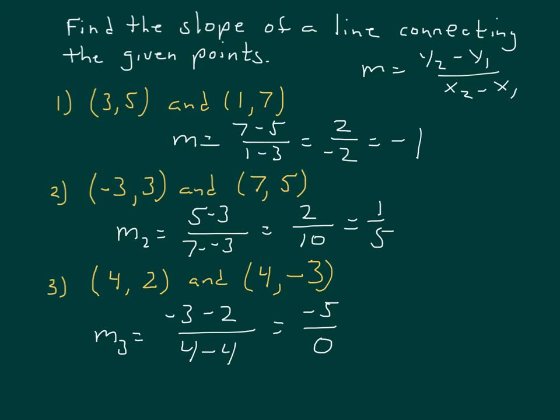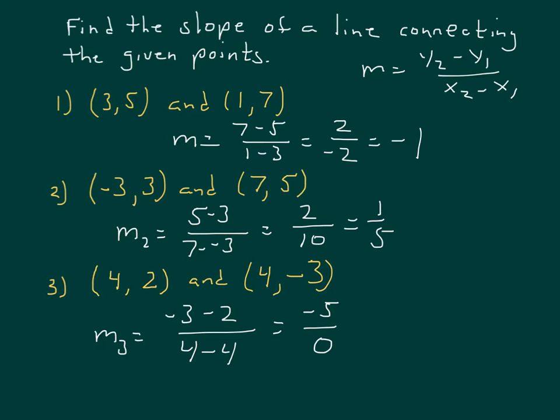The third one's a little bit more interesting, because if I set it up the way I did, again, this was the second point, so x2, y2, and then x1 and y1. When I plugged it in, I got negative 3 minus 2 over 4 minus 4, which gives me negative 5 over 0. Well, negative 5 over 0 is not defined.